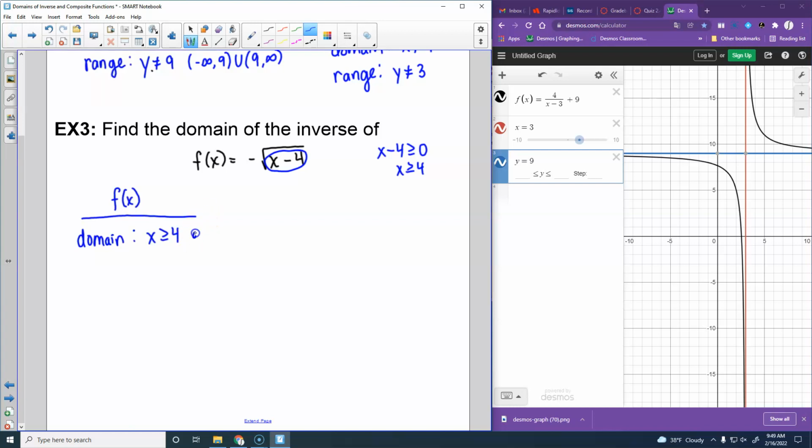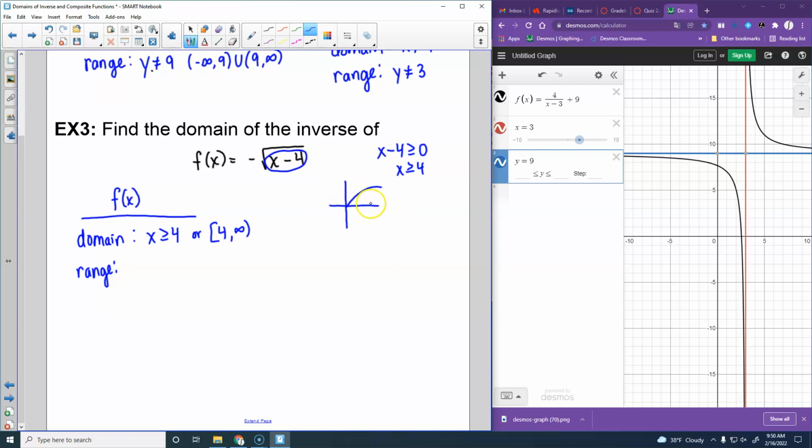Or you can use interval notation, bracket 4 to infinity. Okay, let's talk about the range without the graph. For our range, normally a square root looks like this.